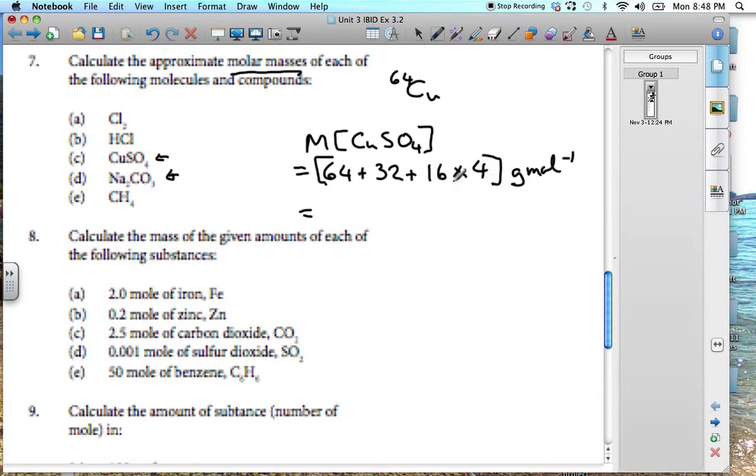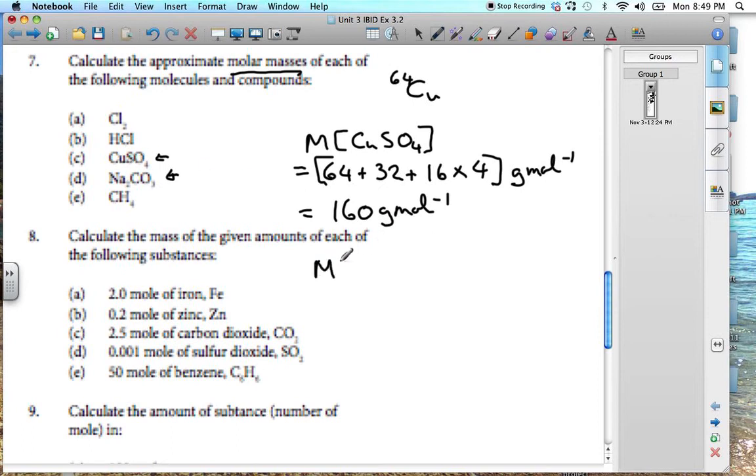16 times 4 is equal to 64, plus 64 is 128, plus 32 is 160 grams per mole. It means if we've got 160 grams of copper sulfate, we will have 6.023 times 10 to the 23 copper sulfate combinations.